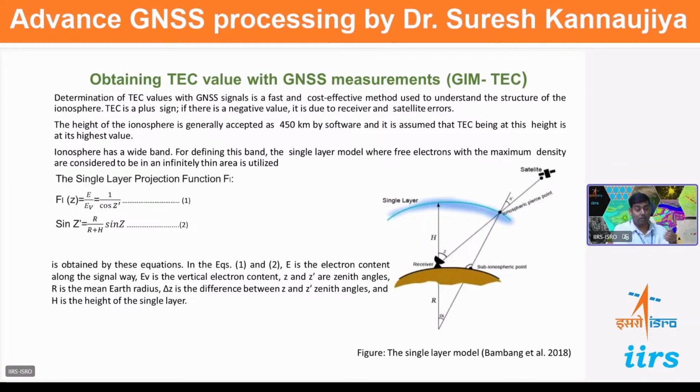And then what happens, diffusion takes place, and depletion of the electron content takes place in the ionosphere. And when this GPS signal, our GNSS signal, is transmitting, we are able to observe these changes, the depletion in the total electron content in the ionosphere.